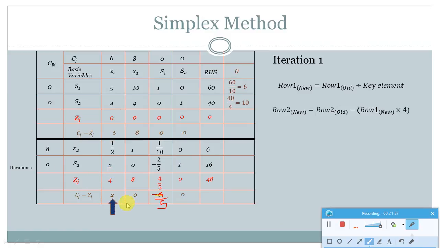The corresponding column will be the new key column. Next, the values of theta will be calculated using the same formula, that is, RHS divided by this value. So 6 upon 1 by 2 will be equal to 12. Next, 16 upon 2 will be equal to 8.